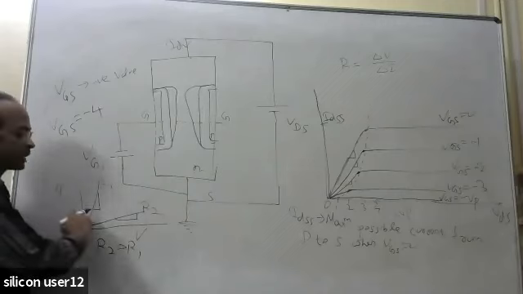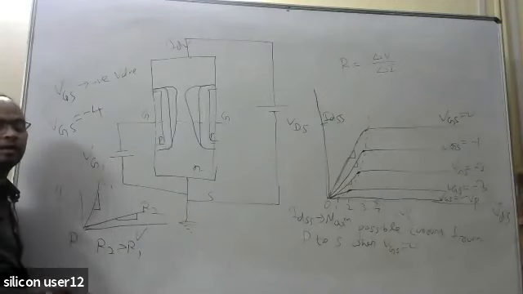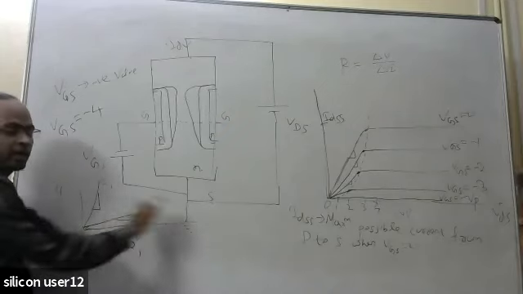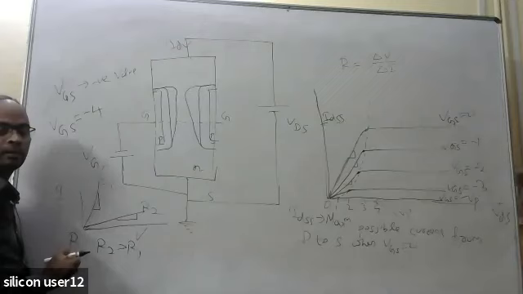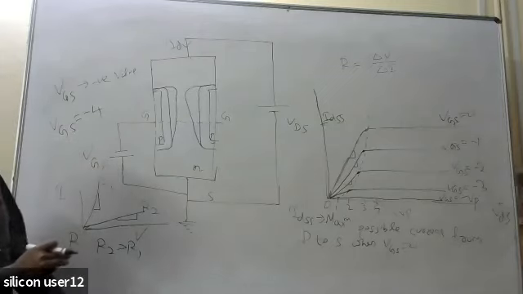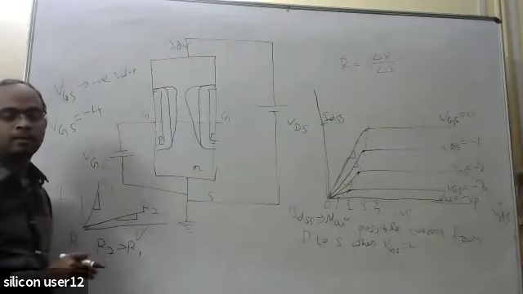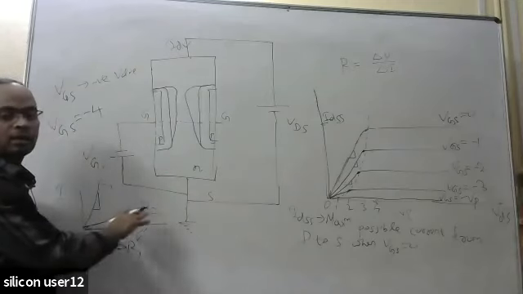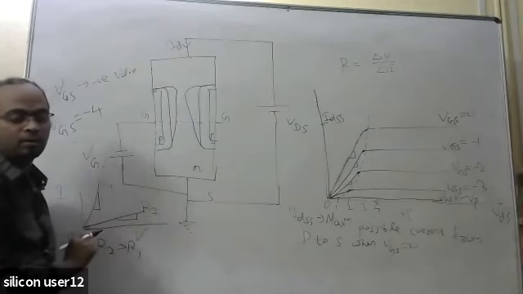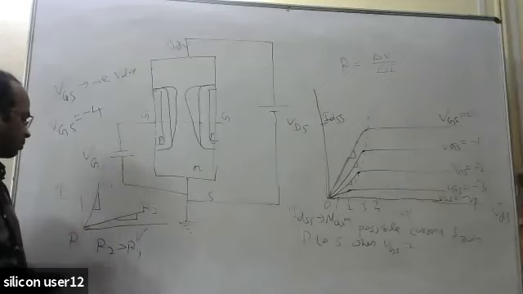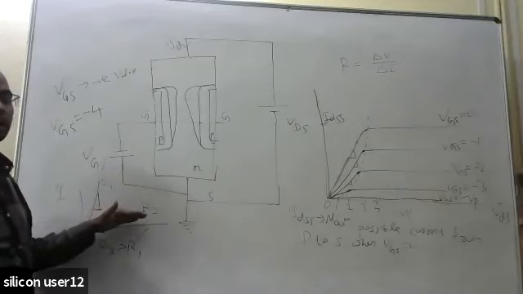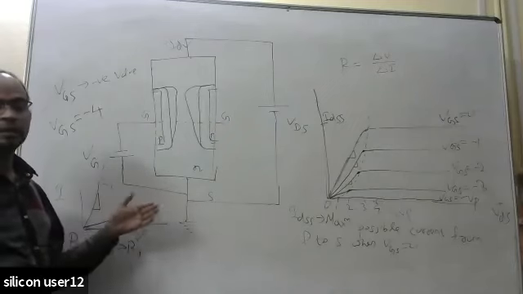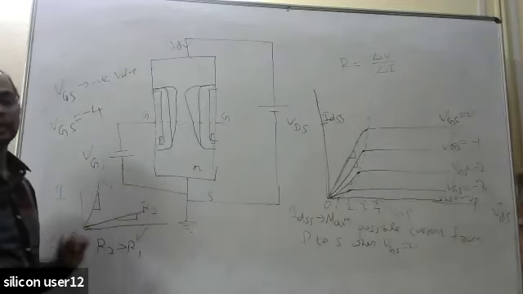Obviously, if this line is completely horizontal, then the resistance is infinite, and there will be no current. Just know that if the line is more horizontal, then the resistance is more. If the line is more vertical, then resistance is low.